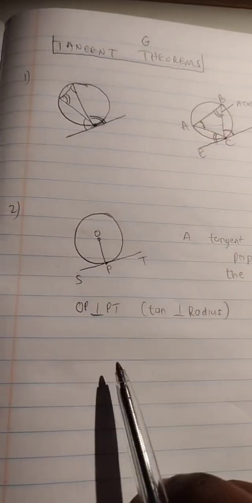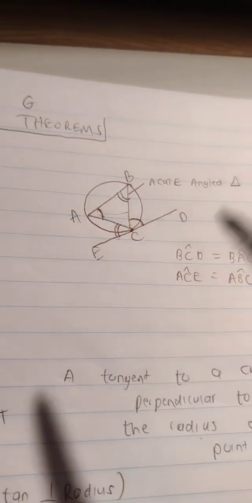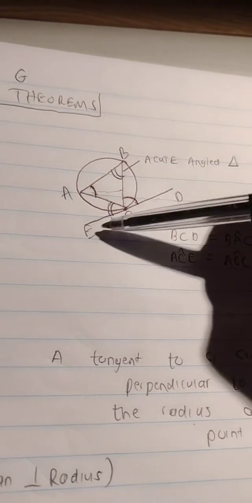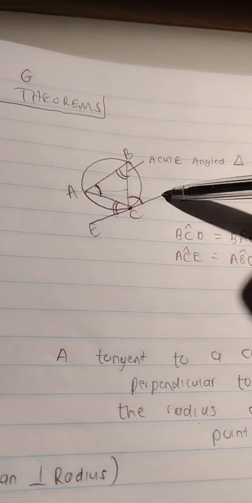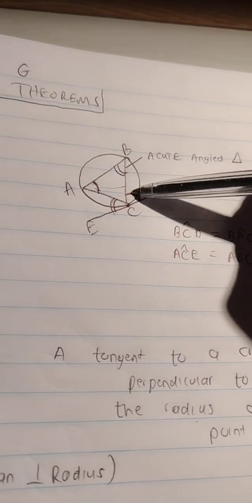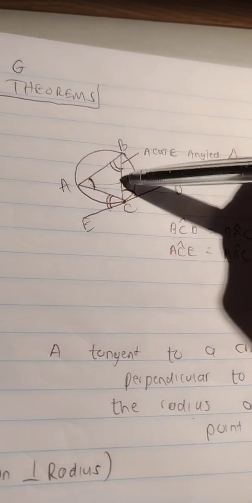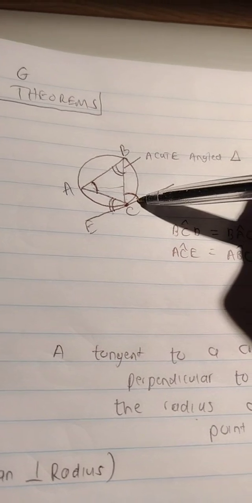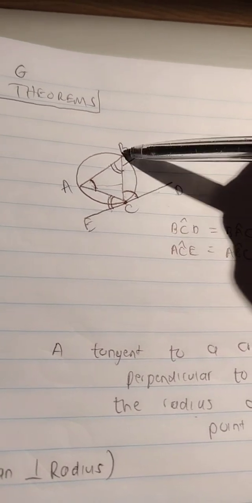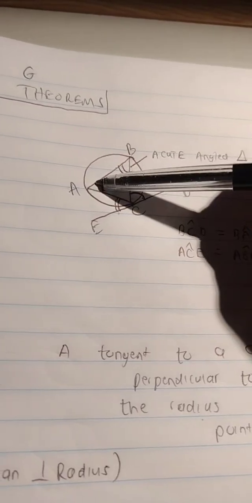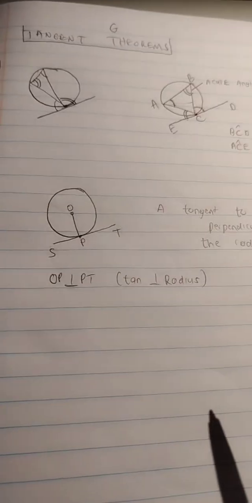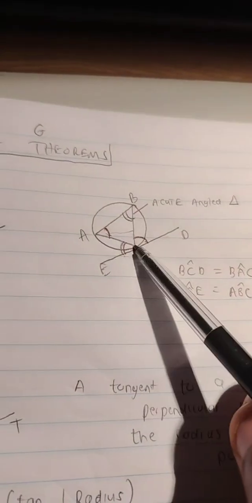Please guys, this is very different from this. Remember, this was a chord with a tangent. So a tangent and a chord form equal angles. There's an angle formed with the tangent and the chord on one side, and that angle is equal to the angle subtended by that very same chord, as long as there's a triangle within that circle, and all three vertices must be at the circumference.